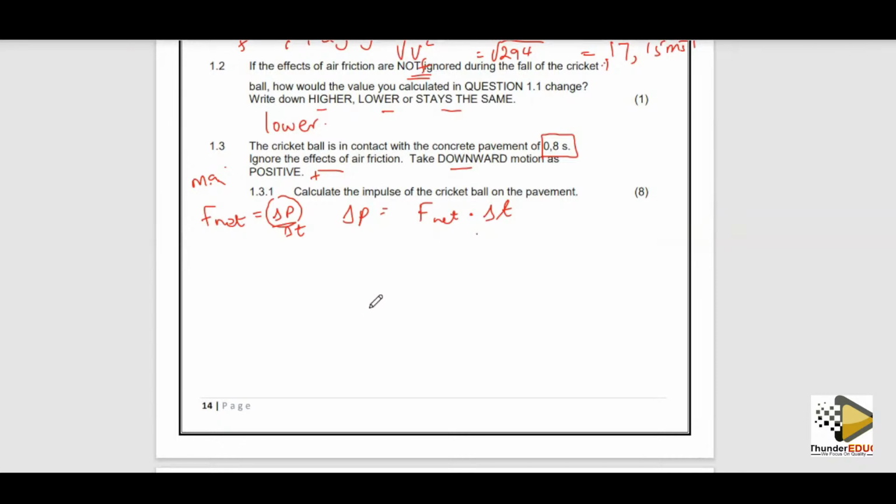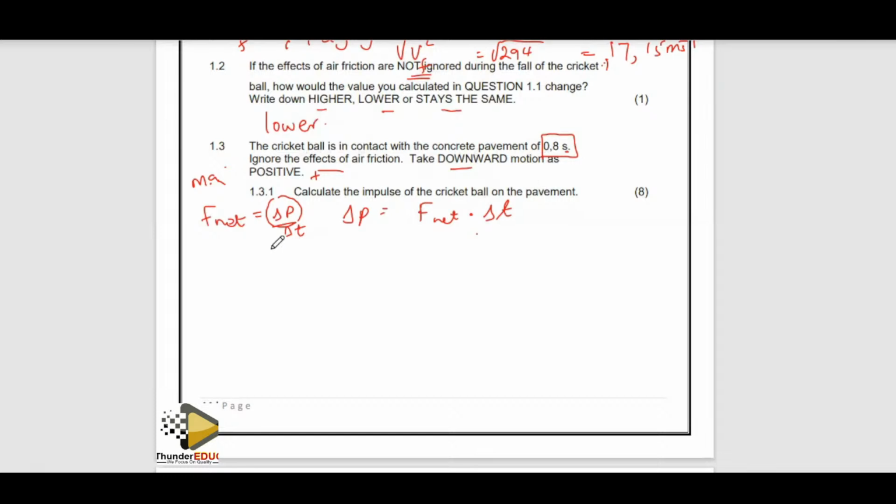Okay, so what I need to first of all find is the initial velocity or the final velocity that we're focusing on. For as long as the cricket ball is in contact with the pavement for this much time, and we're taking downward as positive, we calculate the impulse of the cricket ball on the pavement.